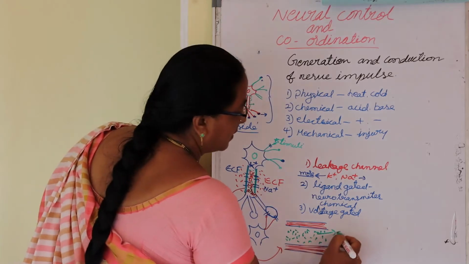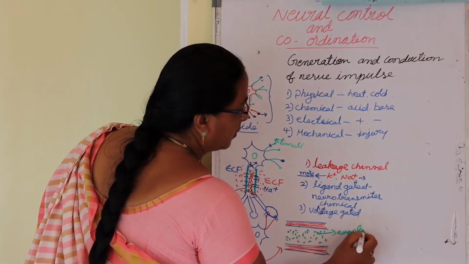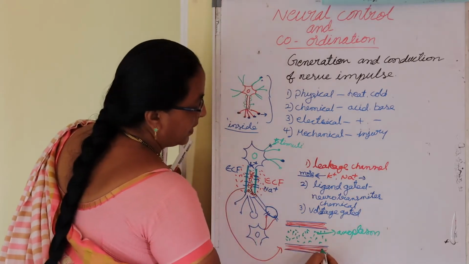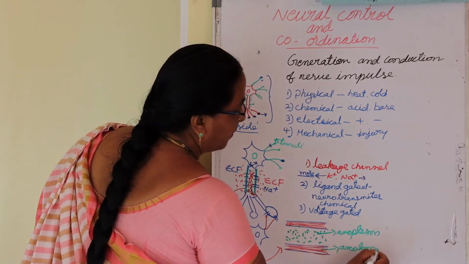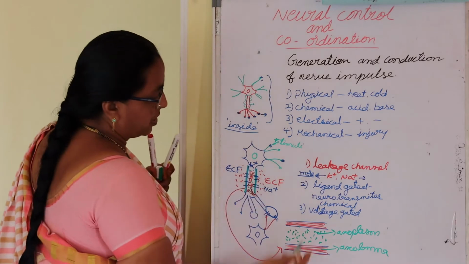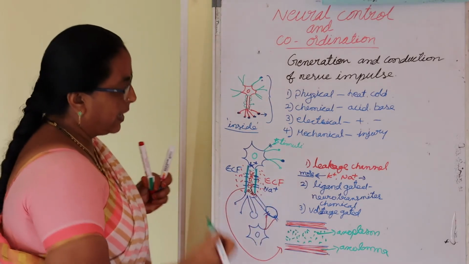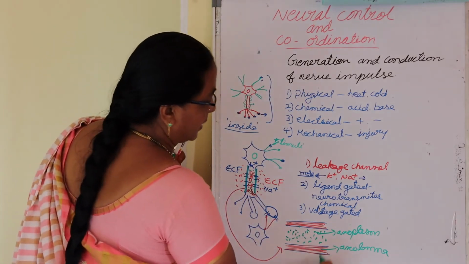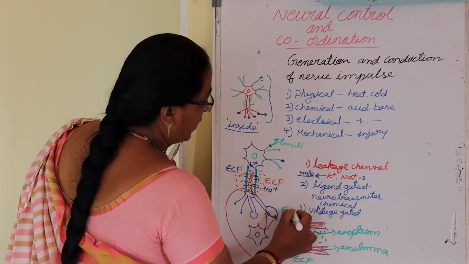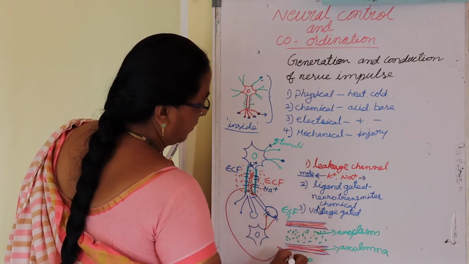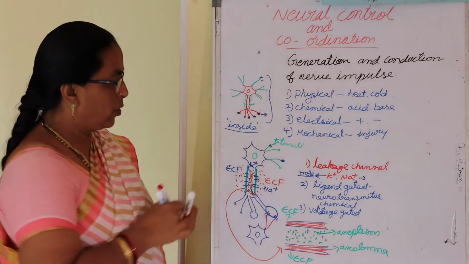It is axoplasm, and it is axolemma. So this portion I am giving here, and outside of this axolemma, either side, extracellular fluid is present.